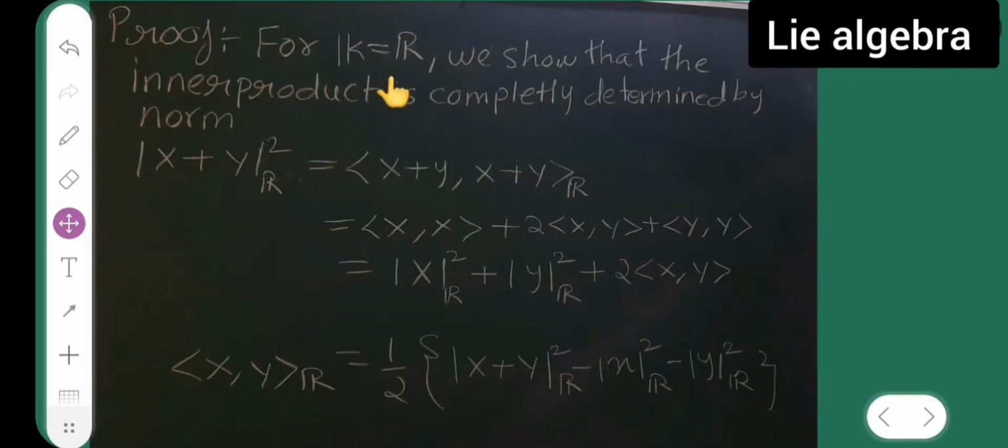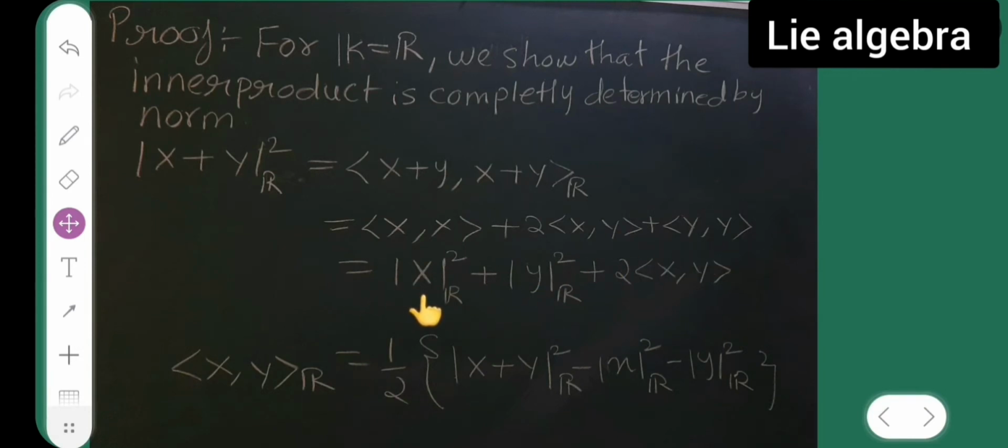For K equal to R, the first case, we show that the inner product is completely determined by the norm. So take the modulus, or you can say norm. The modulus of x plus y, whole squared, is equal to the inner product of x plus y, x plus y. Now this is the inner product of x, x, plus twice the inner product of x, y, plus the inner product of y, y.